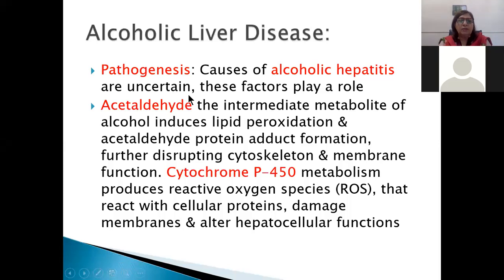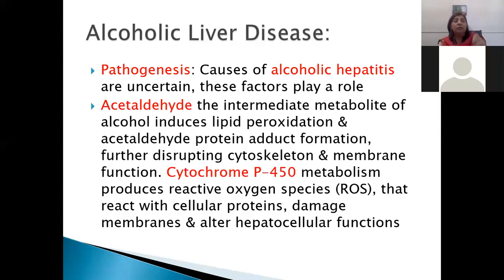Causes of alcohol hepatitis are uncertain, but these factors can play a part. Acetaldehyde, the intermediate metabolite of the alcohol, induces lipid peroxidation and aldehyde protein adduct formation, further disrupting cytoskeleton and membrane function. Cytochrome P450 metabolism produces reactive oxygen species that react with cellular proteins, damage membranes, and alter hepatocellular function.